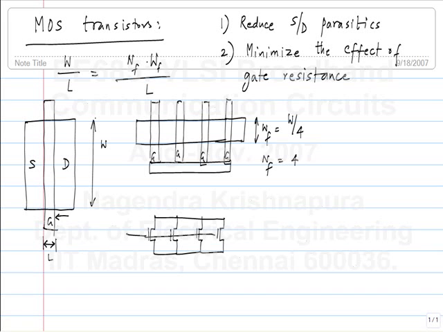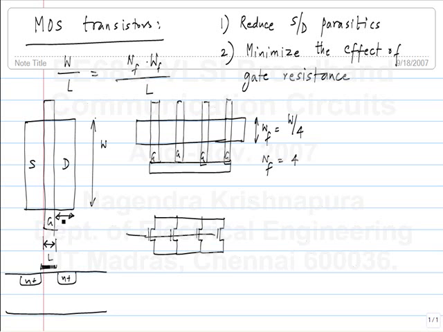So let's say the length of this diffusion area, I'm assuming you are somewhat familiar with the layout and the cross section of the MOS transistors. A MOS transistor is made by having 2 diffusion areas that are separated by the length of the channel, and on top of that you have the gate which is separated from the substrate by an insulator.